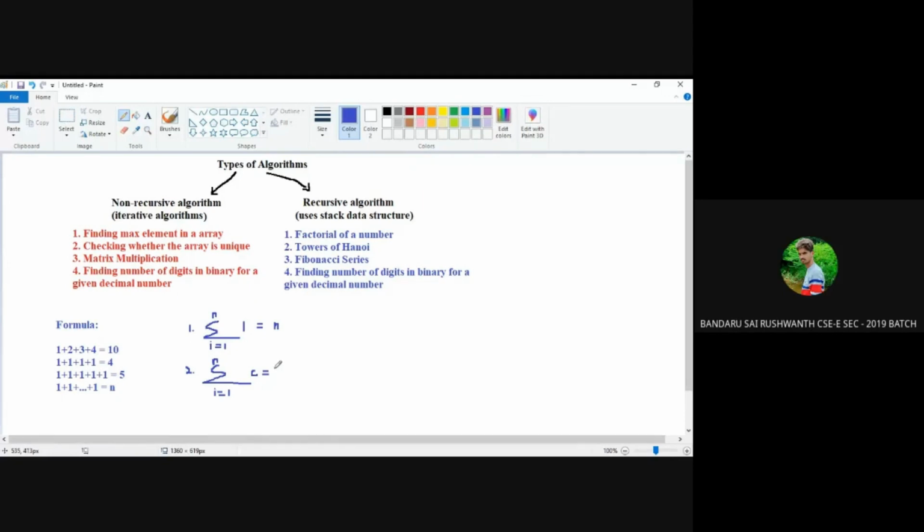If it is 1, you say n into 1. If it is 2, n into 2. If it is 3, n into 3. So if it is C, n into C. I can write it as nC. Right? So far, so good.